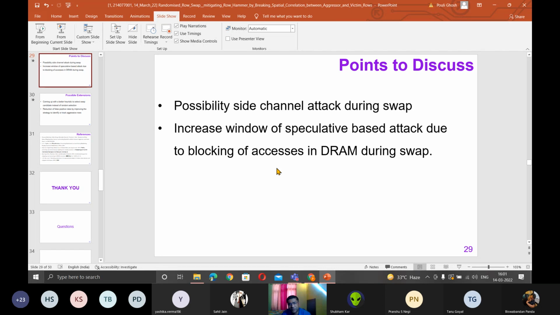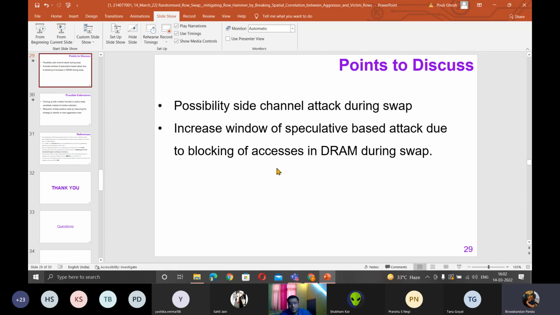It may understand that something is happening because it is blocked for 2.9 microseconds. In another transaction, when the swap was not happening, the process might understand that its transaction is passing through because nothing is happening there. Because there will be a difference in access time, some attacker can play with that.